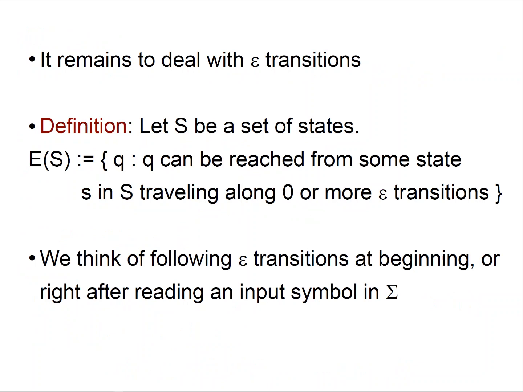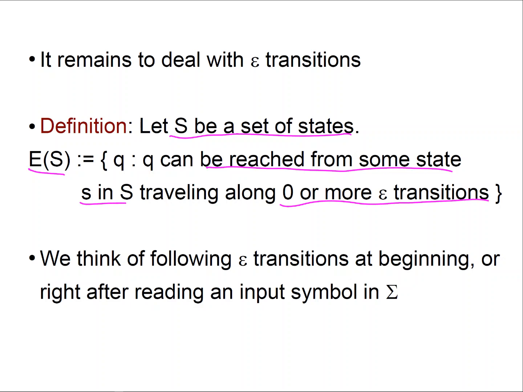It remains to deal with epsilon transitions before we do examples. So let's define for a set S of states, E of S is the set of states q that can be reached from some state little s in big S traveling along either none, zero, or more epsilon transitions, possibly many.